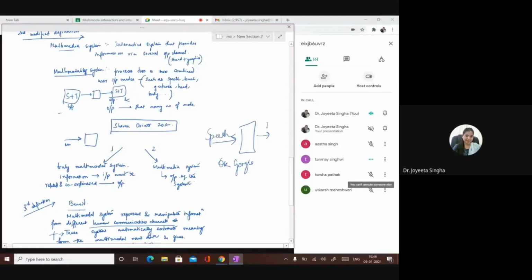When you use speech, you get the output as speech. For example, if you use the visual channel, the eyes, whatever applications you select at the output, if they are performing using multiple human sensory channels, then you will call it multimodal.